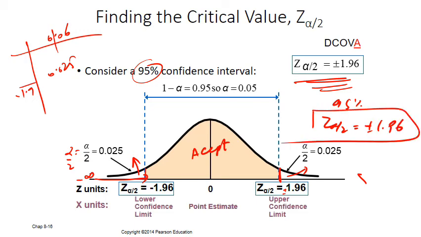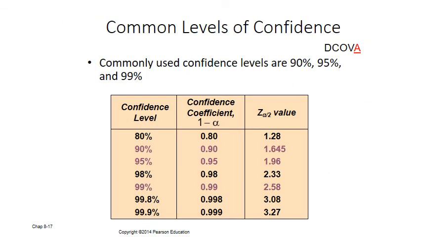In examples I will solve how we calculate it for 90%, but you don't need to do this. These three are quite famous. In the whole book we will use these three, but you should know how to calculate z alpha by 2 other than for 90%, 95% and 99%.